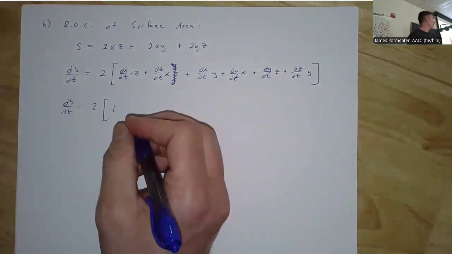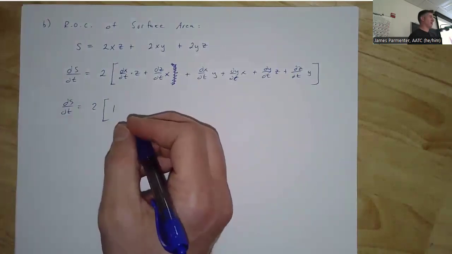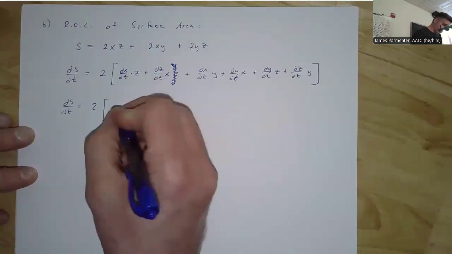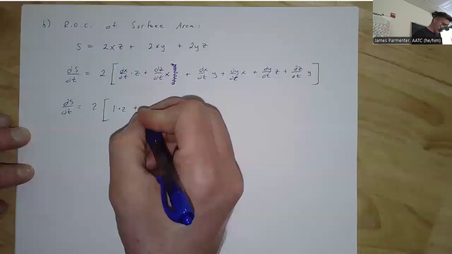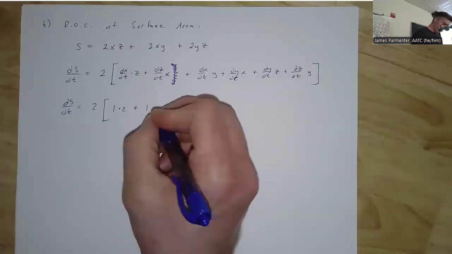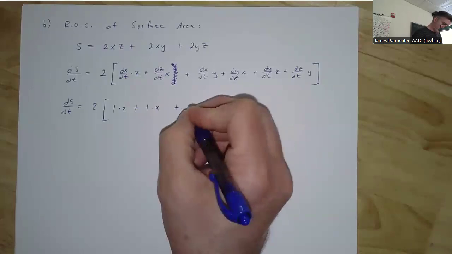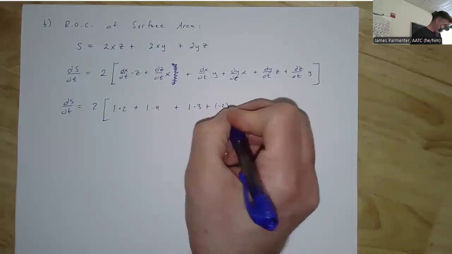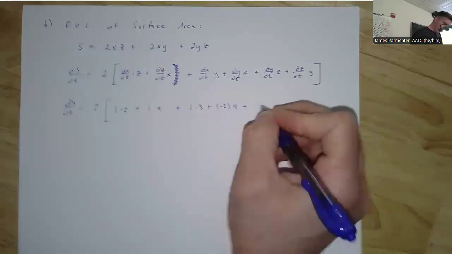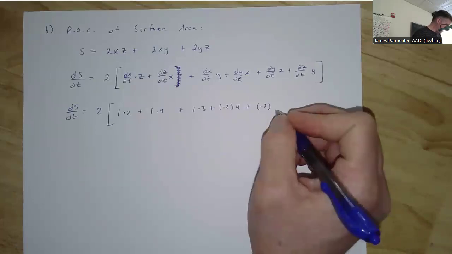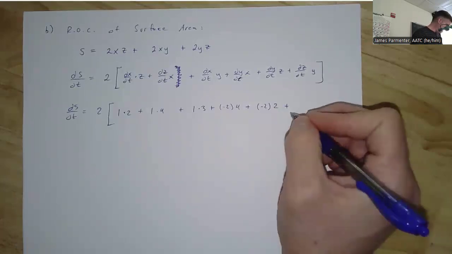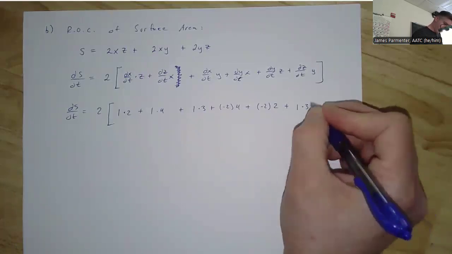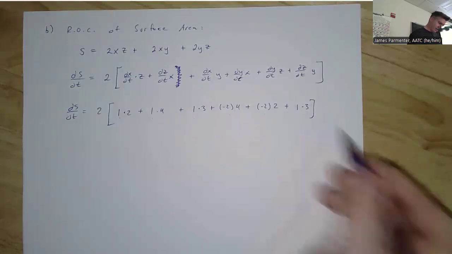I wouldn't recommend writing in the units here, it's just a lot of writing units, which I don't think you need to do. z was equal to 2, dz/dt is 1, x is equal to 4, dx/dt is 1, y is equal to 3, dy/dt is negative 2, x is equal to 4, dy/dt is negative 2, z is equal to 2, dz/dt is 1, and y is equal to 3. What a pain. 1, 2, 3, 4, 5, 6. Yep, that's the number of things I'm going to do.